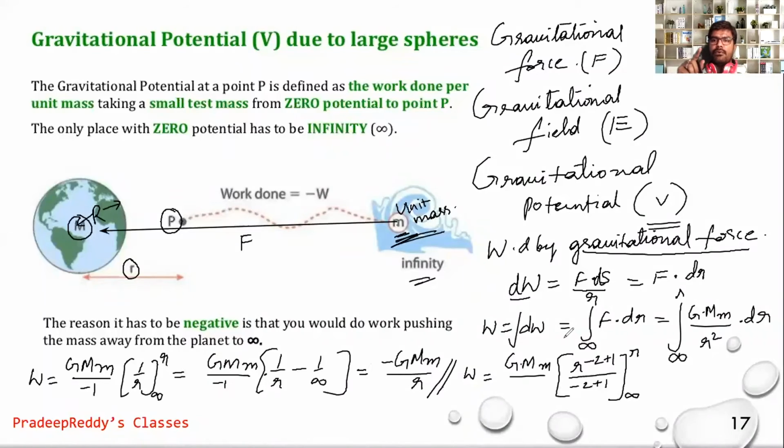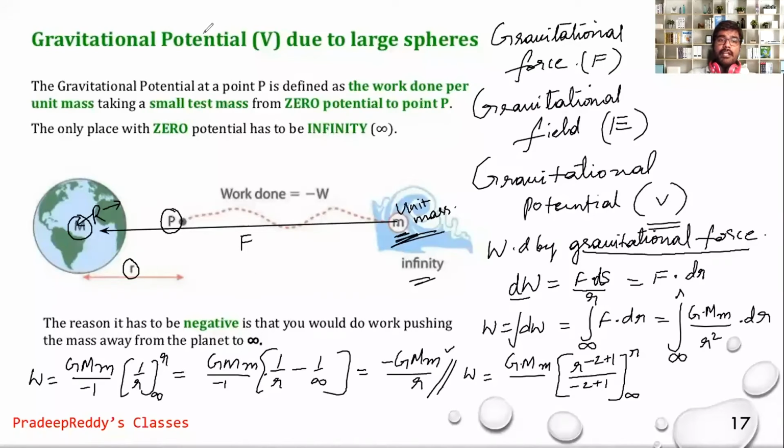Here gravitational force is doing work in bringing a mass from infinite position to a particular point, and work done by that gravitational force is equal to change in potential energy of this mass according to the work energy theorem. And that change in potential energy is minus G M m divided by r.